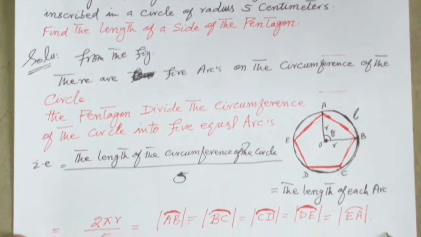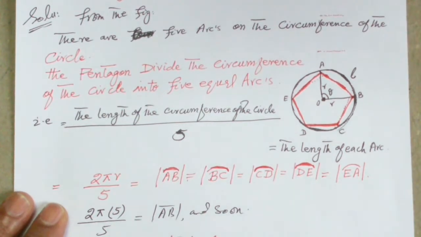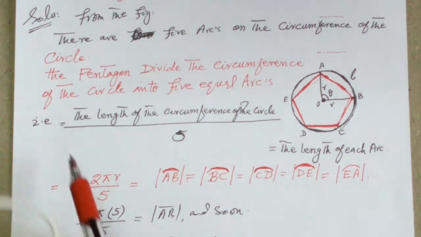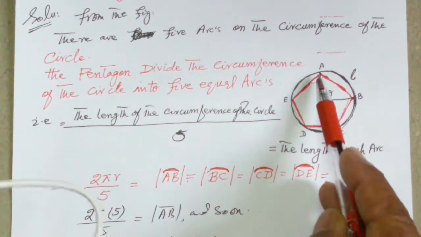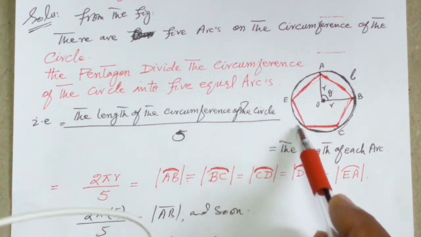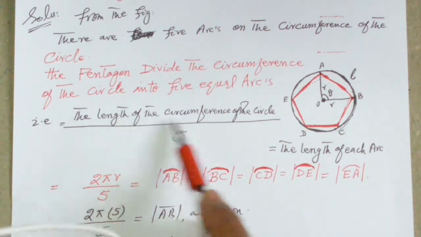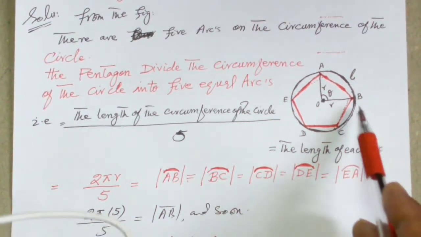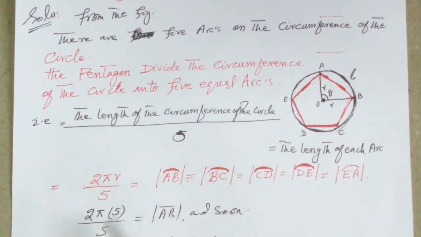So the circumference of the circle divided by 5 is equal to the length of each arc.